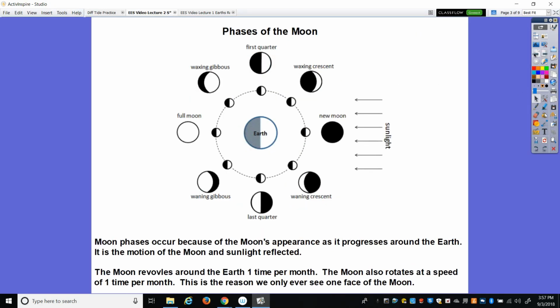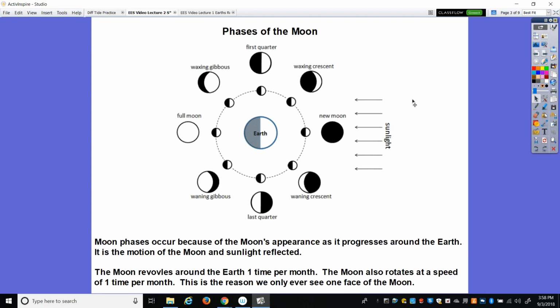All right, let's recall our phases of the moon. Remember that the moon phases occur because of the moon's appearance as it progresses around the Earth. It's the motion of the moon and the sunlight reflected. Now, the sun doesn't change, does it? The sun's always going to be there. So wherever this moon is, you will either be able to see some reflected sun, or in the case of a new moon, you will not.